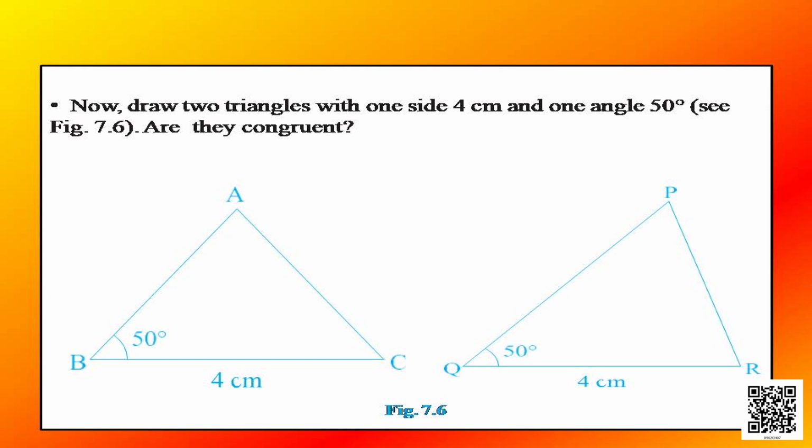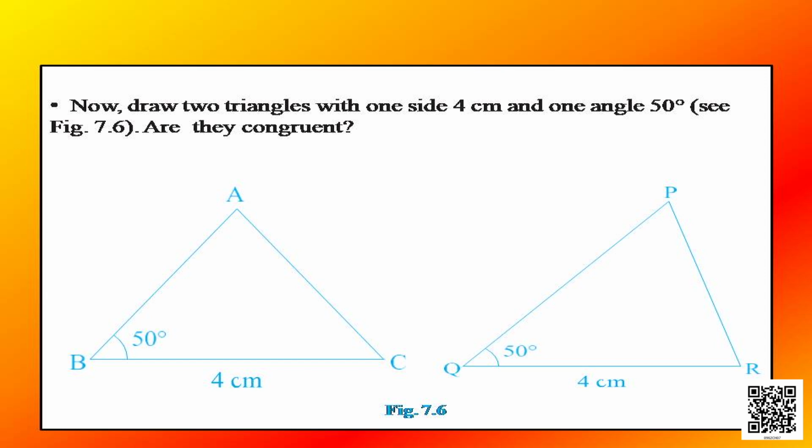And the included angle, that means the angle between side AB and BC, is 50 degrees, and in the same way the included angle, that is the angle between PQ and QR, is 50 degrees. That means we have two equal sides and the included angle is also equal in both triangles.